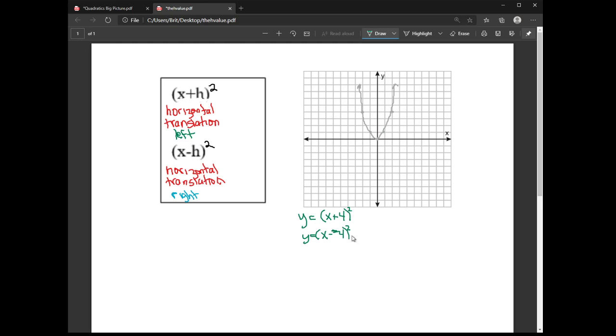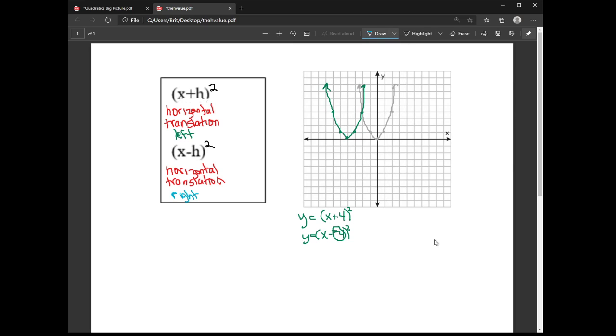Okay, and so that negative 4 being my h value is what is causing this to come 4 to the left. So my new parabola, okay, is just as wide as it was. It's not like flipped or anything, but it has been slid 4 units to the left. And that's because when you subtract a negative 4, or when you add 4, they're the same, that h becomes a negative 4.